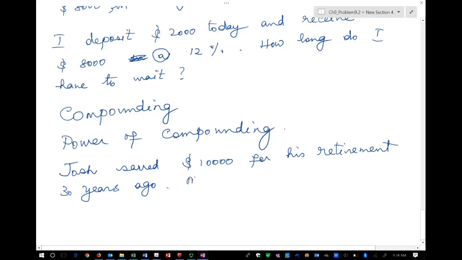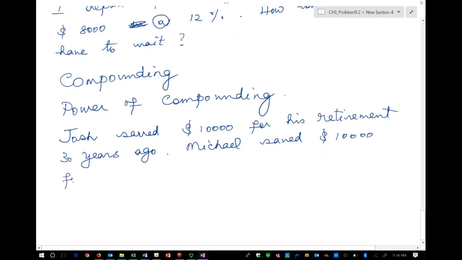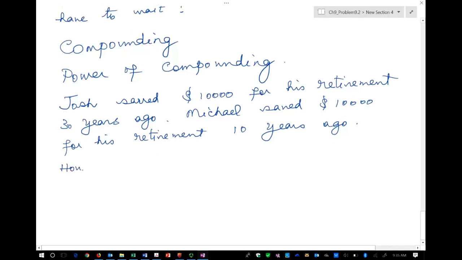Michael saved $10,000 for his retirement 10 years ago. The question is, how much will each one have? Who is better off?